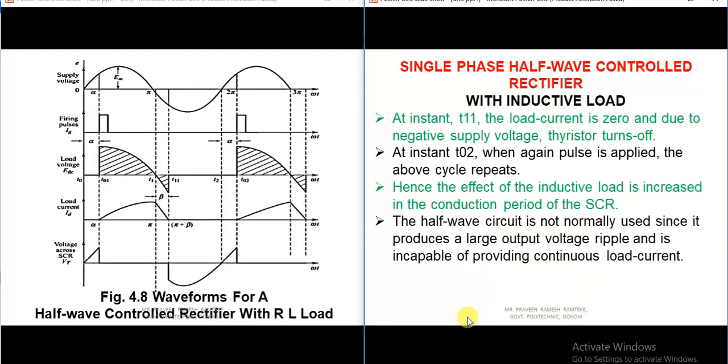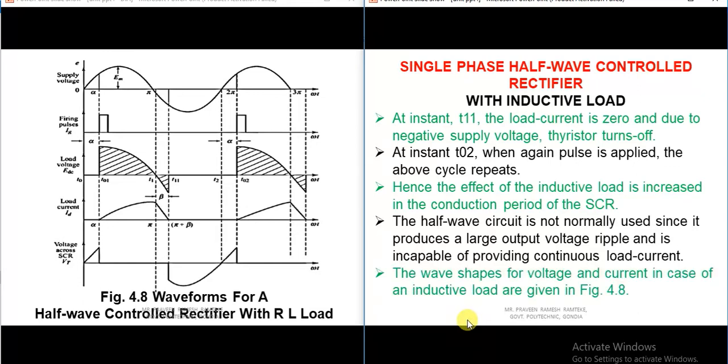The half wave circuit is not normally used since it produces a large output voltage ripple and is incapable of providing continuous load current. So this is the disadvantage of using this type of circuit, that we are getting a lot of ripple voltage. This circuit is not suitable for inductive load, so we require some modifications in the circuit.